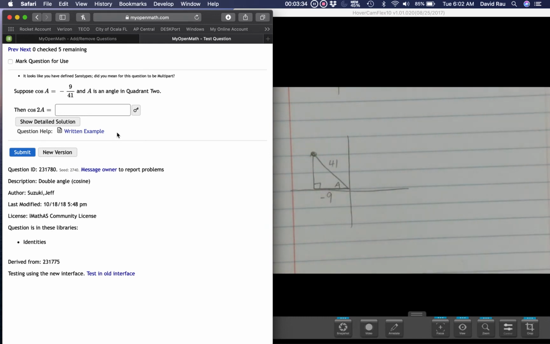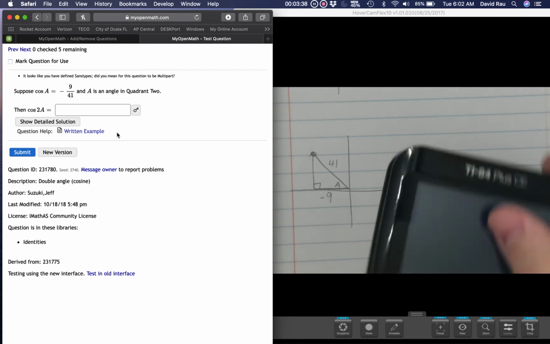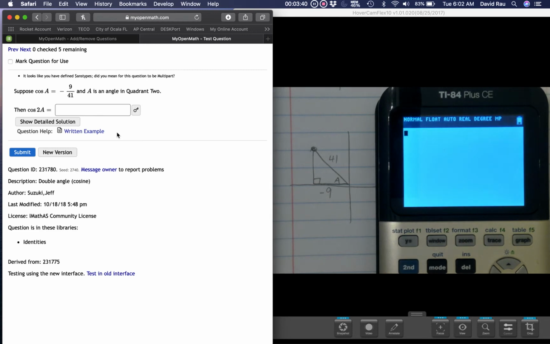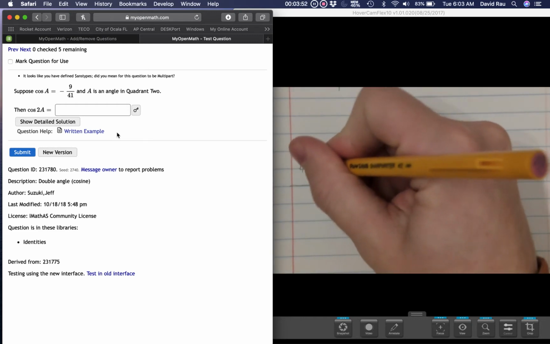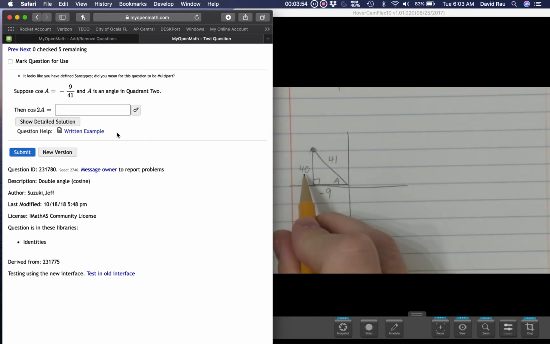And when you do the Pythagorean theorem this time, I'm pretty sure, let me see here, we're going to get 41 squared minus 81, or in other words, 9 squared. I get that value, and if I square root, I get 40. Now 40 should be positive because it's moving up.